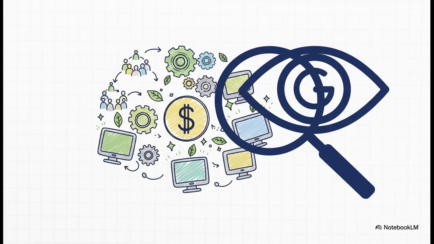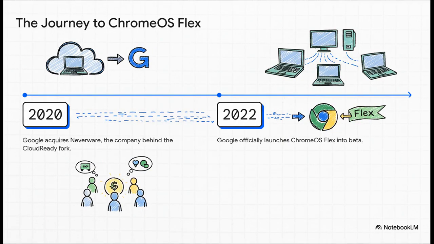So you have to imagine Google was watching all of this unfold. They saw companies like Neverware build a really successful business all around reviving old hardware with ChromiumOS. The community hadn't just improved the code, they had also identified the absolute killer app for it: sustainability and accessibility. And this is how the whole story just closes its loop so perfectly.